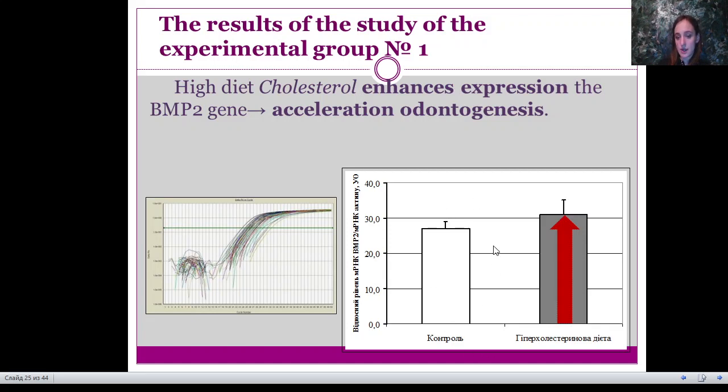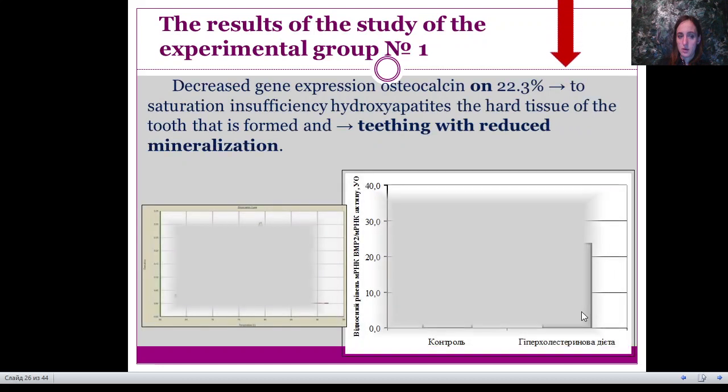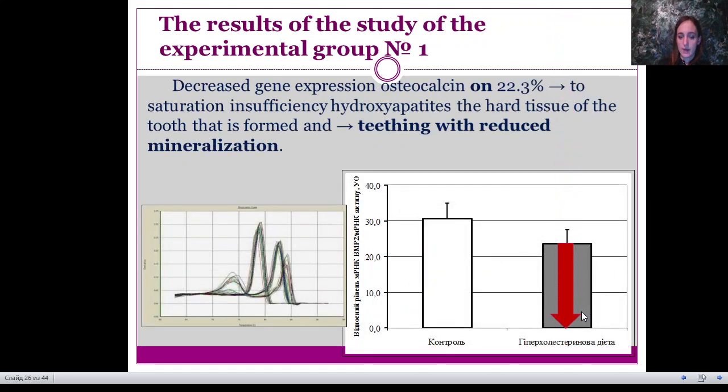Here it's control, and here it's results of the high diet cholesterol. Then here also control and a low hypercholesterol diet. And we have decreased gene expression of osteoclastin by 22.3%, that is with reduced mineralization.